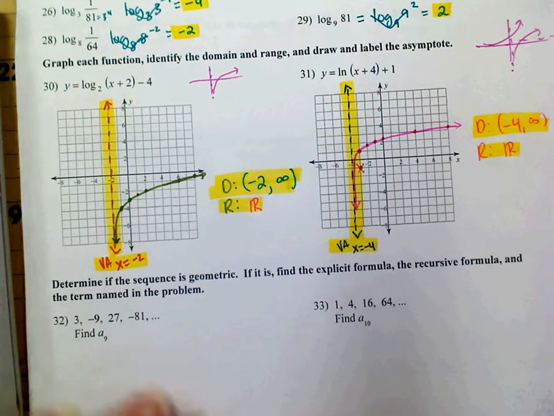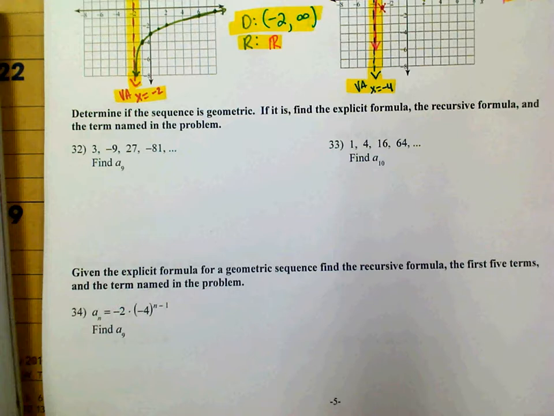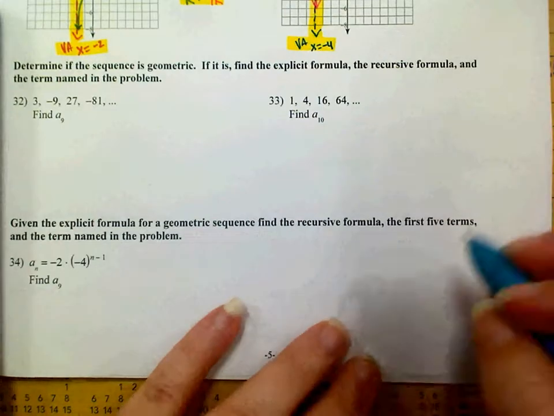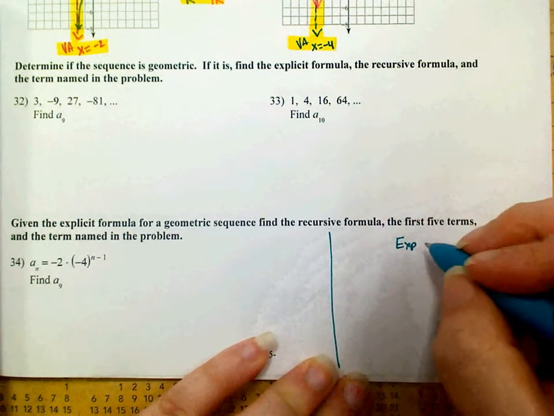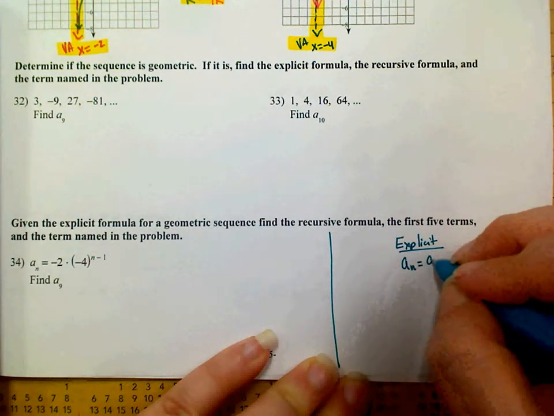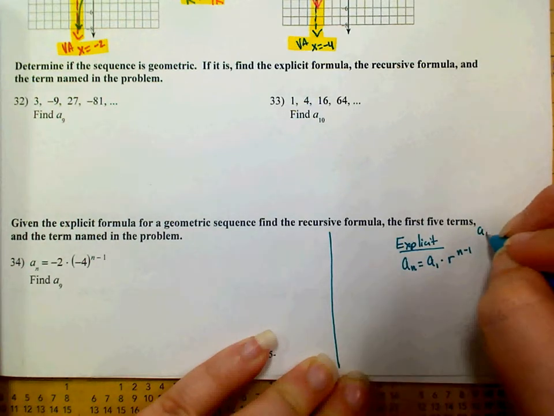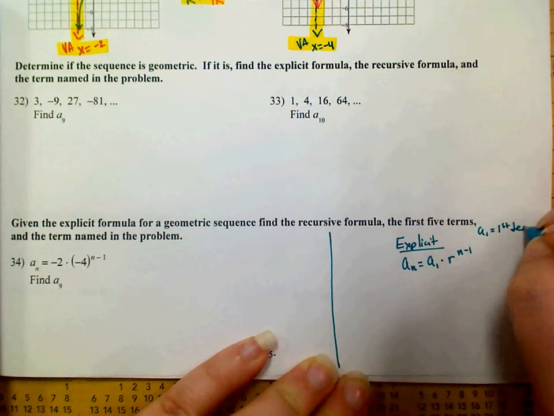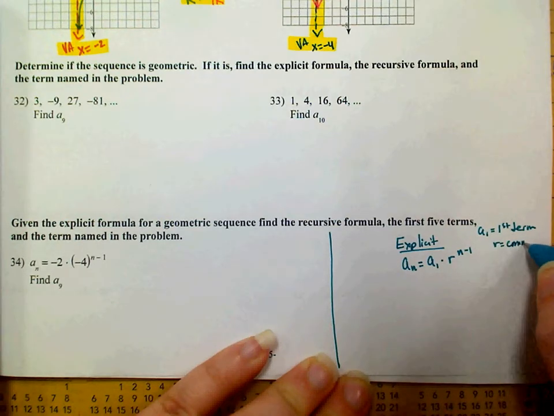Okay. Number 32 has to do with geometric sequences. So let's go back over formulas for a minute. In explicit form, the formula is a sub n equals a sub 1 times r to the n minus 1, where a sub 1 is the first term, and r is the common ratio.